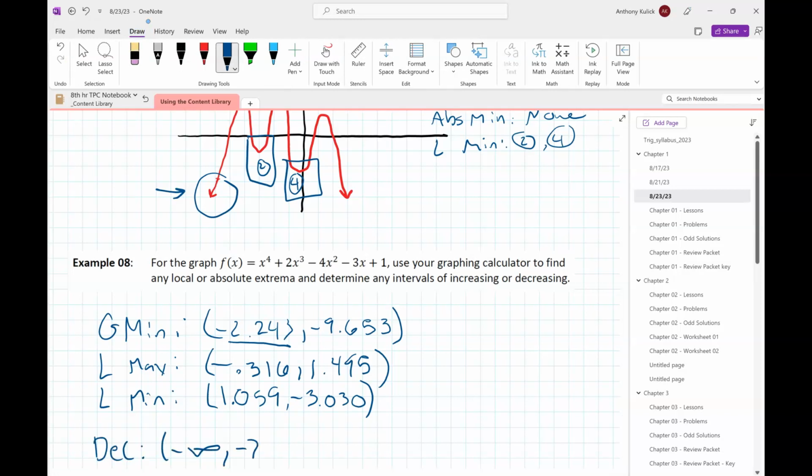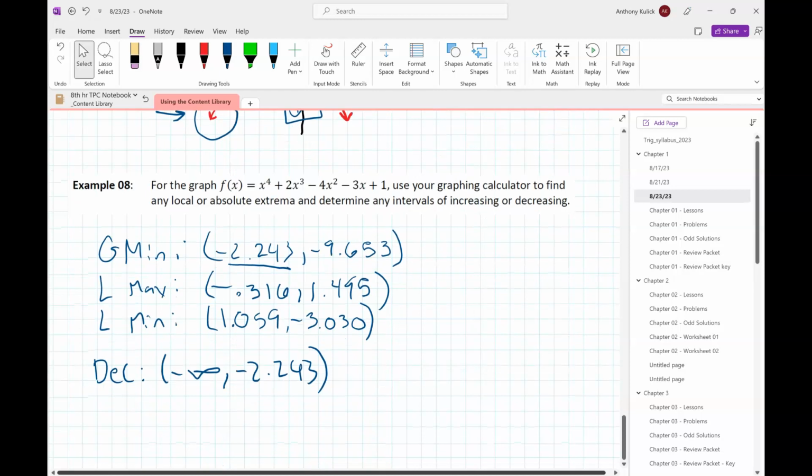And remember, intervals of increasing and decreasing always get parentheses. Don't get confused because we have points here and intervals down here. Points are x, y's. Intervals are lower bound, comma, upper bound. They're both x values. They look identical right now. Don't get confused on that.